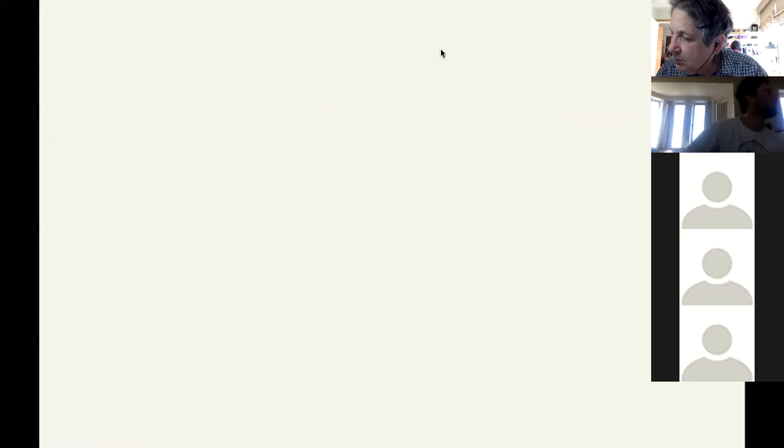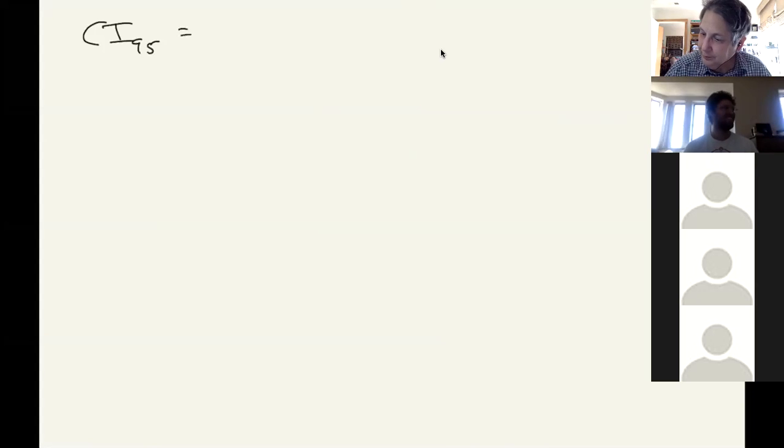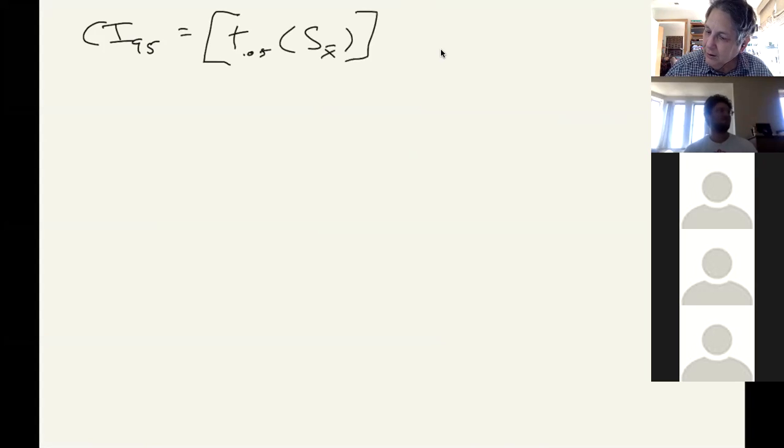Anybody know? No, you can only use it on one page. Fine, we'll redo it. Okay, so the 95% confidence interval, CI 95 equals the t-value of 0.05 times, this is known as the standard error. There's a plus or a minus here. Add that to the mean.